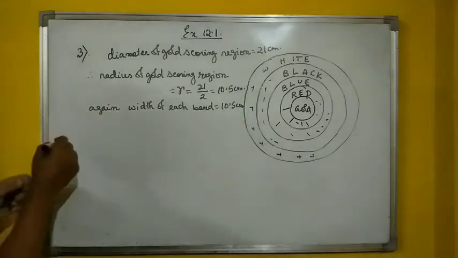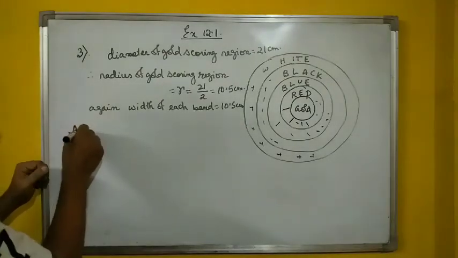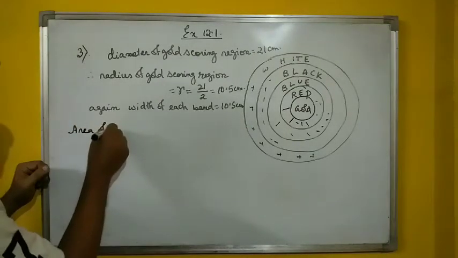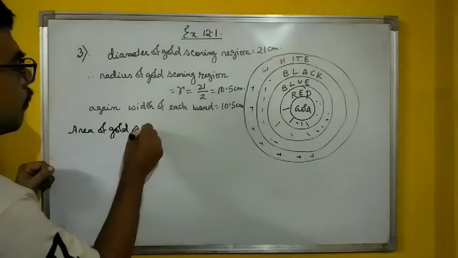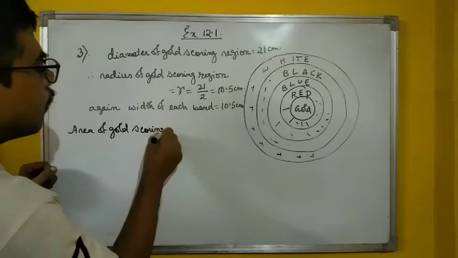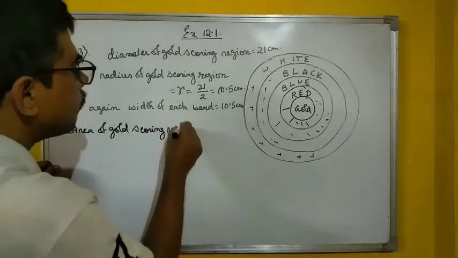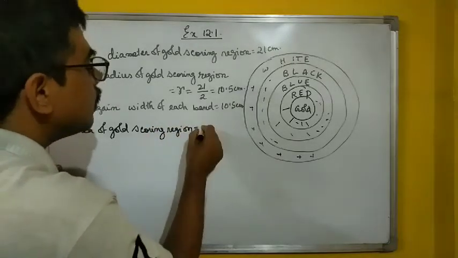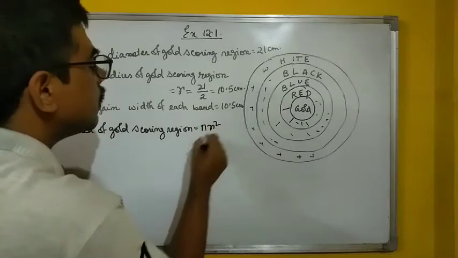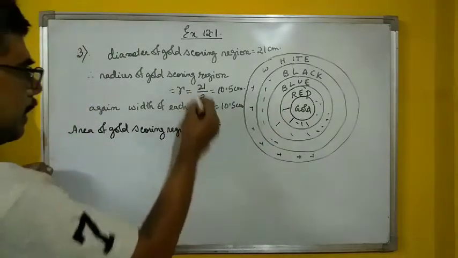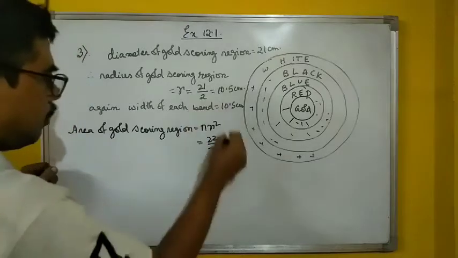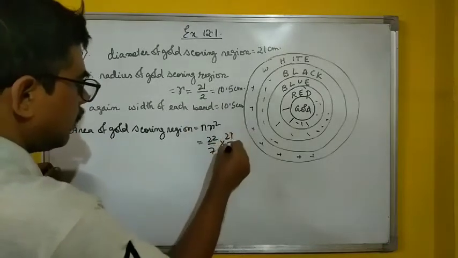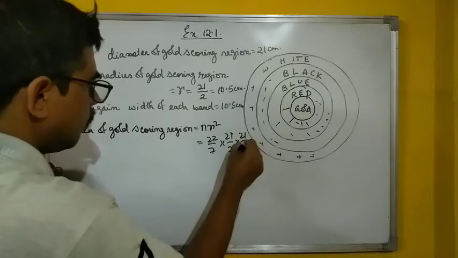First of all, we'll find out the area of the gold scoring region. That is pi r square only, since it is a circle. Pi is 22 by 7 and r is 21 by 2.